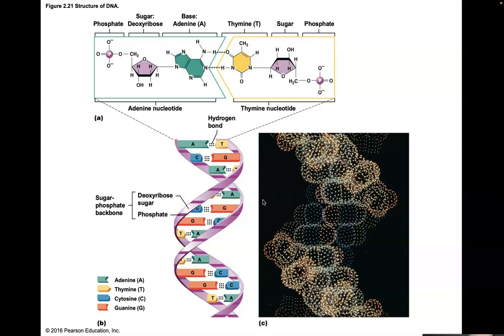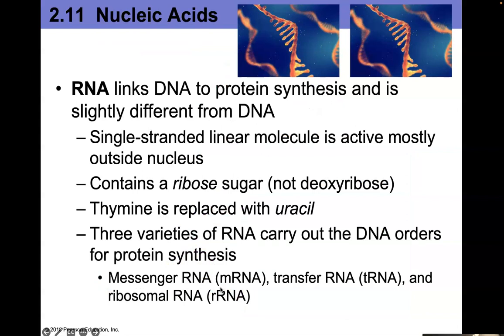Hopefully you've had this so many times, it's super familiar. So again, this is how that double helix is going to form. Remember that you have the hydrogen bonds here between those nucleotide bases of each of the strands that are intertwined to form the double helix of DNA, okay?